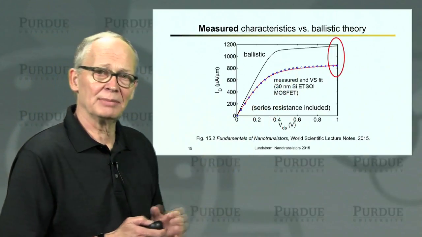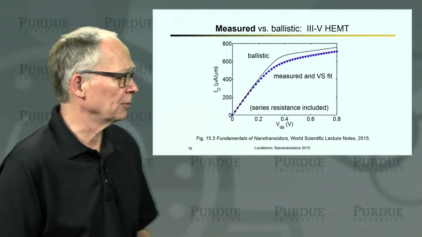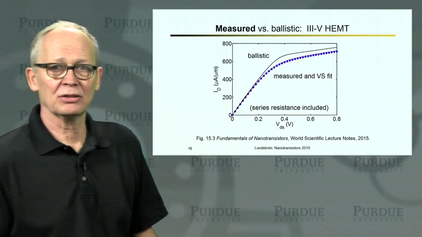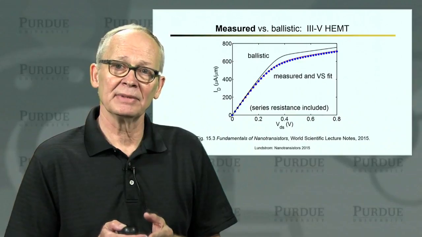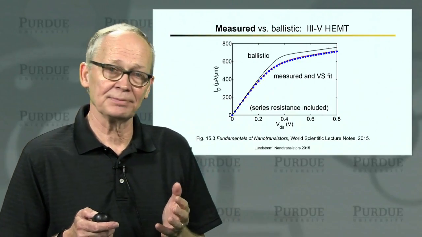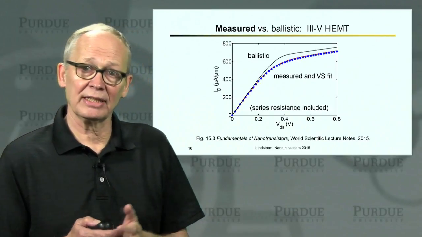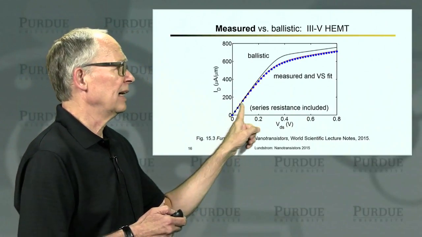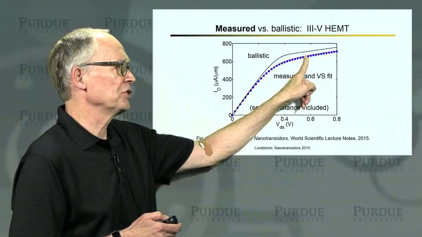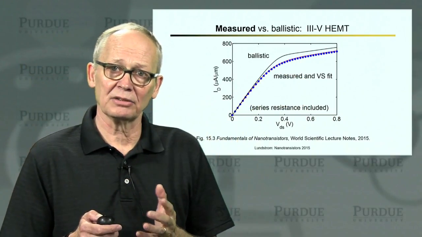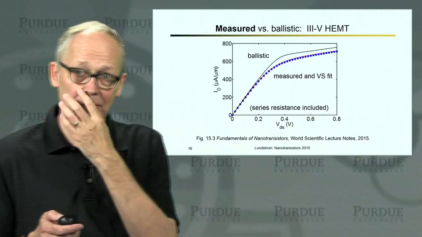Okay, we're going to talk about that much more in Unit 4. Now, if we look at a III-V HEMT, this is a field effect transistor, a high electron mobility transistor, made on a semiconductor that has a very high mobility, so little scattering. Again, what you're seeing here are measured results, and the virtual source fit to those measured results, so we can fit the measured data very well.